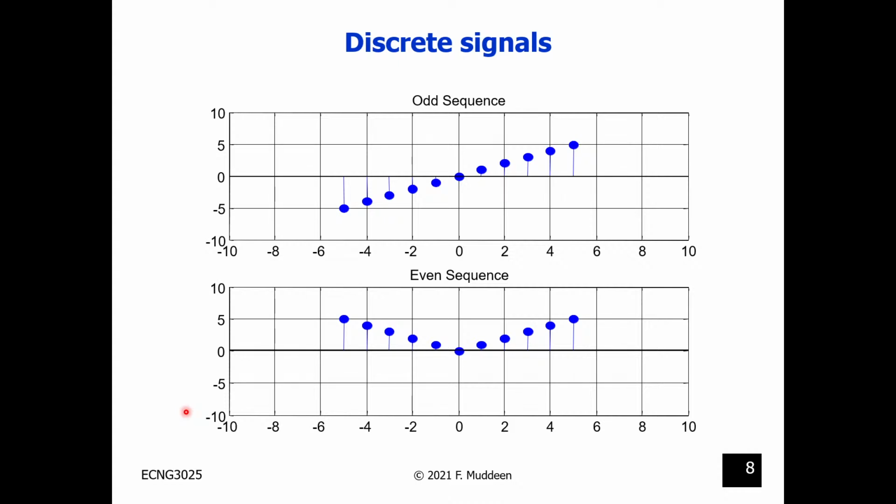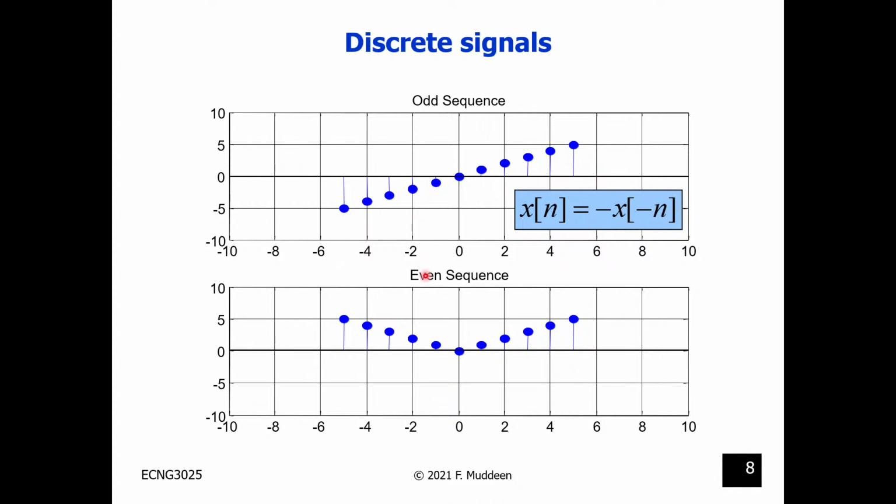Now, in dealing with signals, to make our life easy, it's important that we can figure out if a signal sequence is odd or even. An odd sequence is when you can take your general x of n signal, invert it and reverse it, and you get back the same sequence.